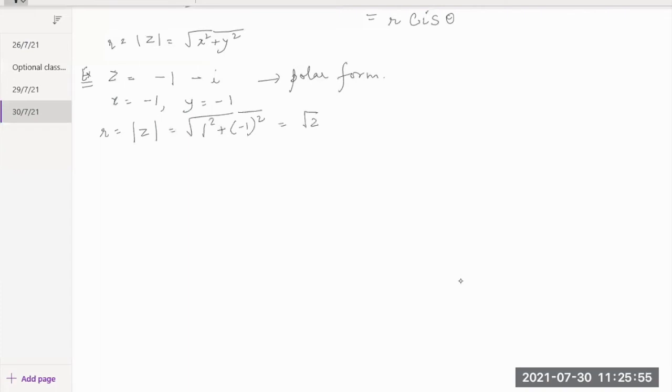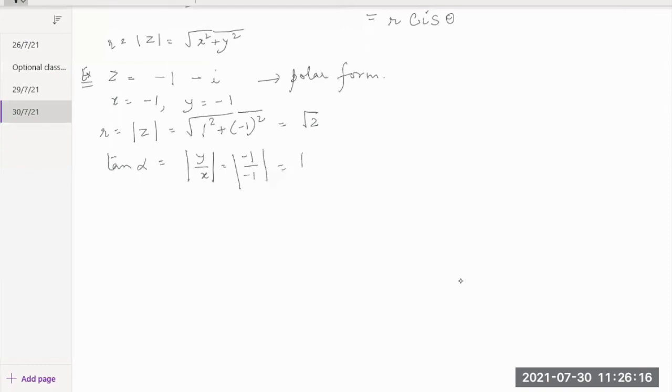Okay. So now tan alpha is y by x. So therefore, now see, y is -1 and x is also -1. This is in the mod. Therefore, this gives me 1.